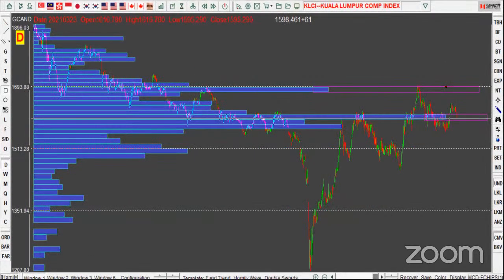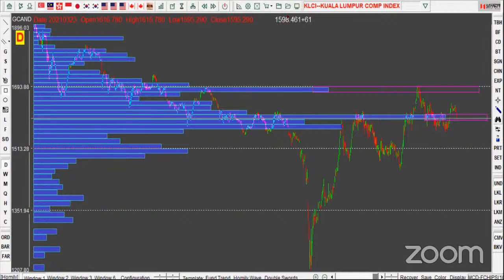And then for QCI, similar to Hang Seng Index. Now the price is at the strongest support level. But if the price drops below the level again, then for the Malaysian market, that is quite a bearish signal. So now the price is around the bottom of the longest blue bar again, 1,598.